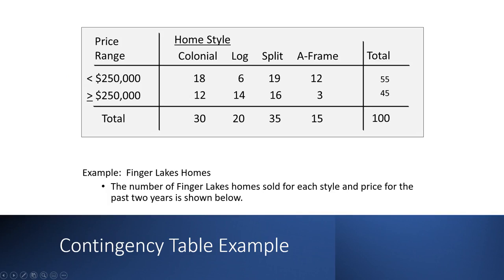So here we have an example of a contingency table. We're going back to looking at our home prices for the different floor plans offered by Finger Lake Homes. And so over here we've got our quantitative variable, which is going to be our price range that we've divided into two classes or bins of being above or below $250,000.